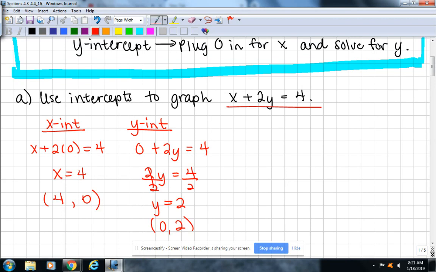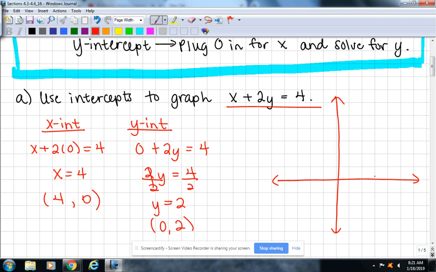Right? All right, so now you got both the intercepts, the x-intercept and the y-intercept, so you're supposed to graph it. So you're going to just draw your x and y axis. And you're just going to graph those 2 points and connect them with a line. Now, (4, 0) is on what axis? X-axis.